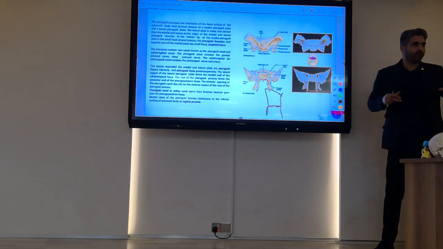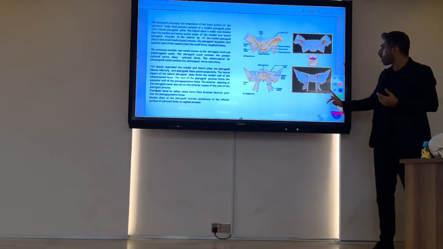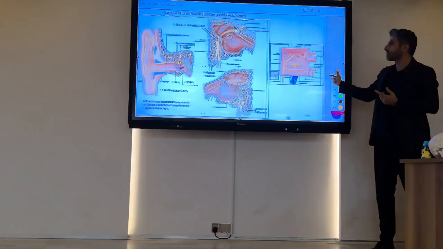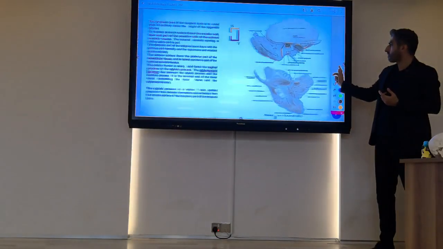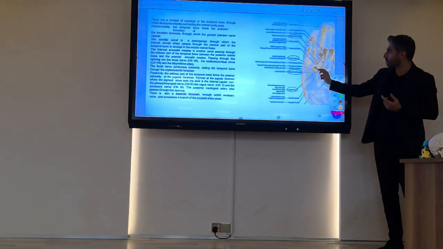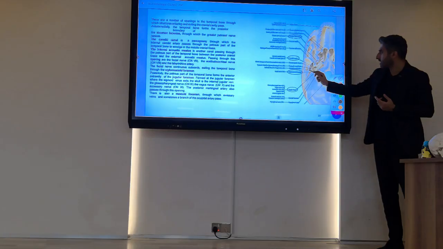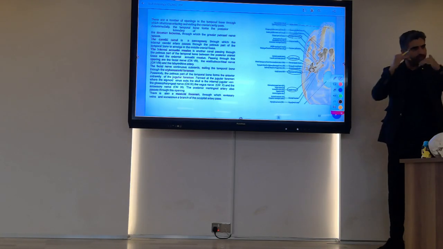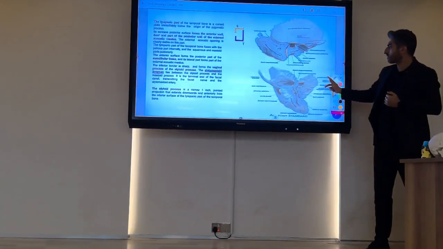Vaginal means sheath. The styloid process in the temporal bone also has a vaginal process. Look here. This is the styloid process. It has a sheath in the superior side. We say vaginal process. Vaginal means sheath in this condition.